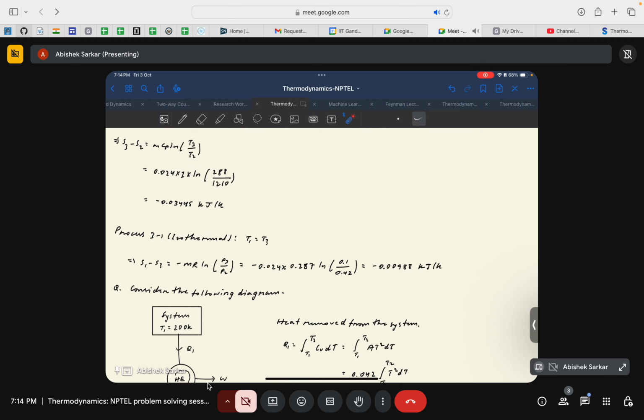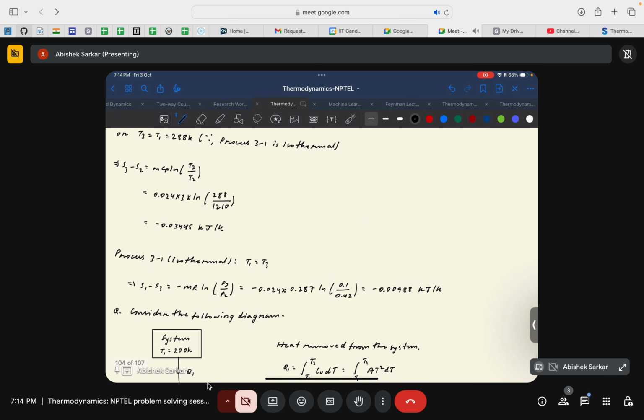Okay, I think there has been a mistake here. I think it should be positive. So let me just try to derive it right away here. Sorry for this confusion.